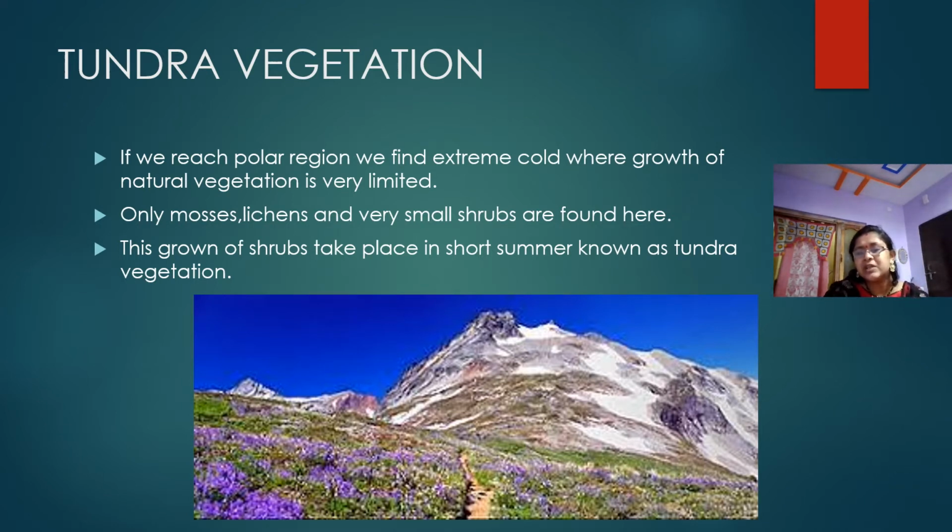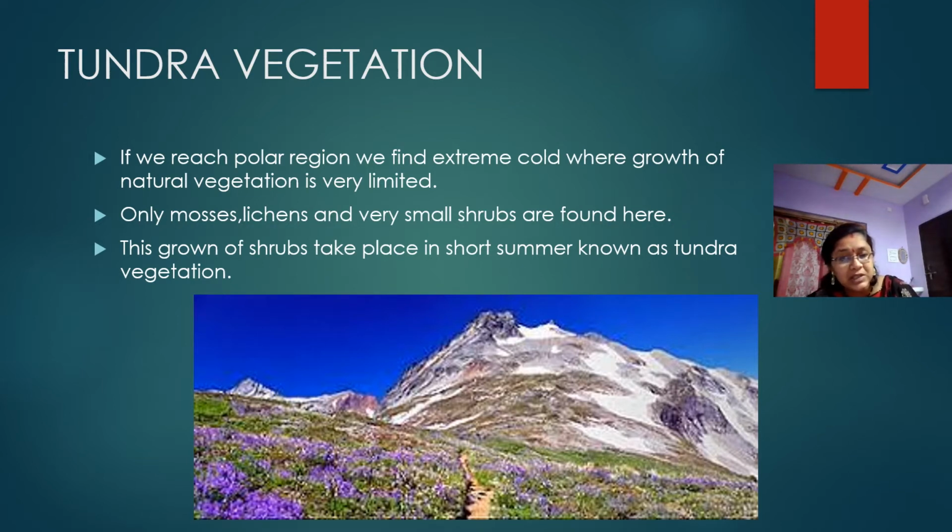There will be a limitation in natural vegetation. Natural vegetation means plants or trees that grow without human support. They grow naturally, and the vegetation process continues naturally. As we have discussed, they are classified into forests, shrubs, and so on.